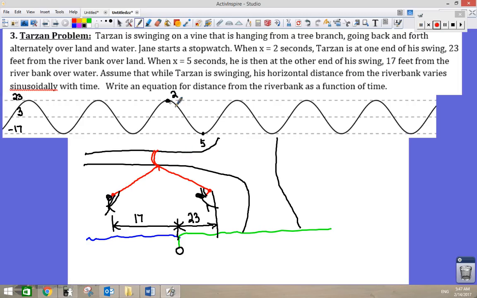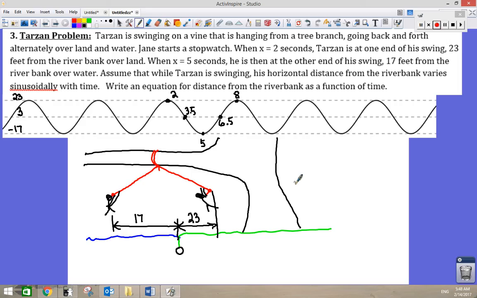Alright, so 5 minus 2 is 3, and that's half of a period. So if half of a period is 3 seconds, then a full period is 6 seconds. And half of 3 is 1.5, so this would be 3.5. And then 6.5, then add 1.5, you're at 8. Yeah, okay.